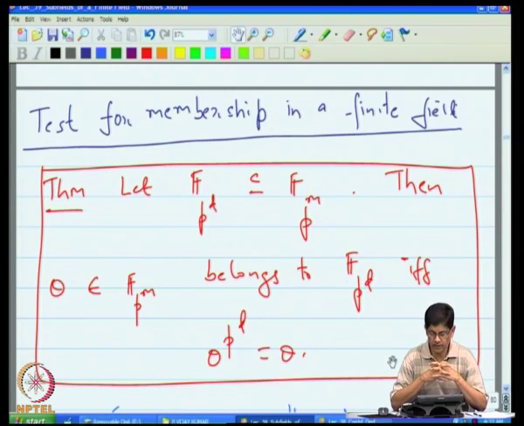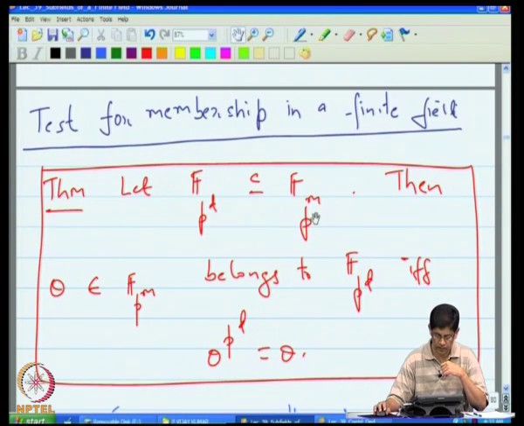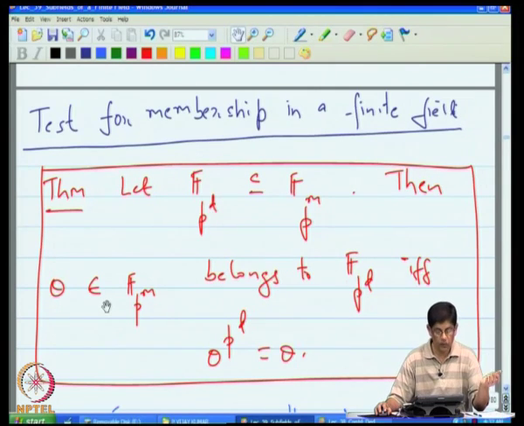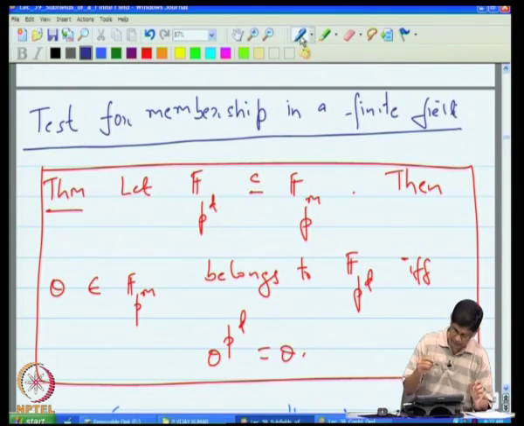Next, going back to subfields of a finite field, what I have listed here is a test for membership in a finite field. So let us say that you have a finite field of size p to the m, and you have F p to the d which is contained in F p to the m. Then the theorem says that if you want to test for membership in a subfield of a finite field, I should modify this a little bit.